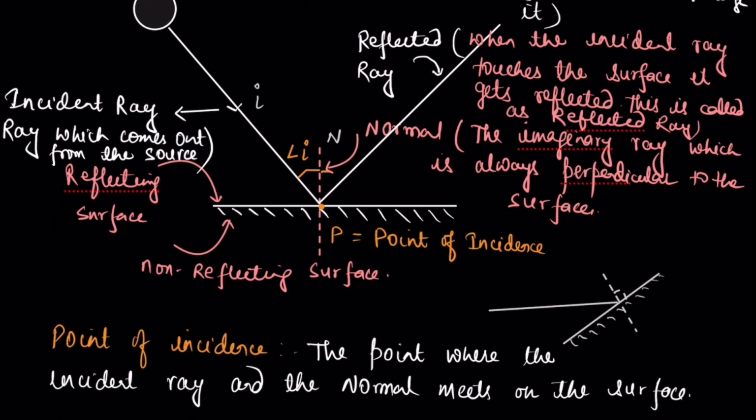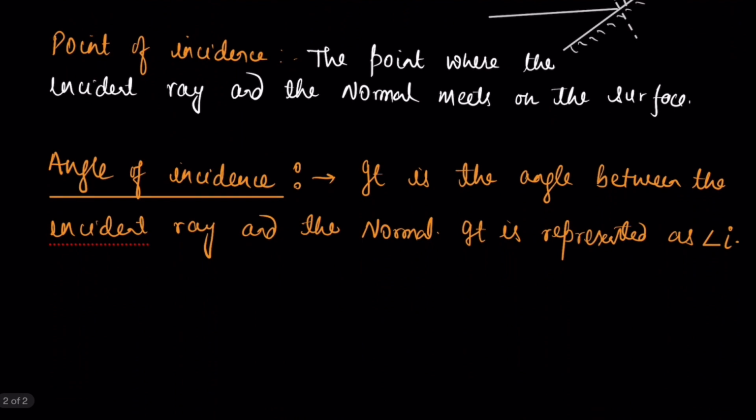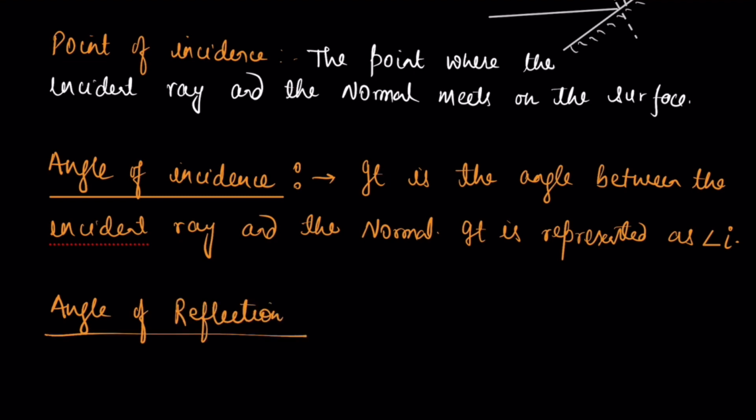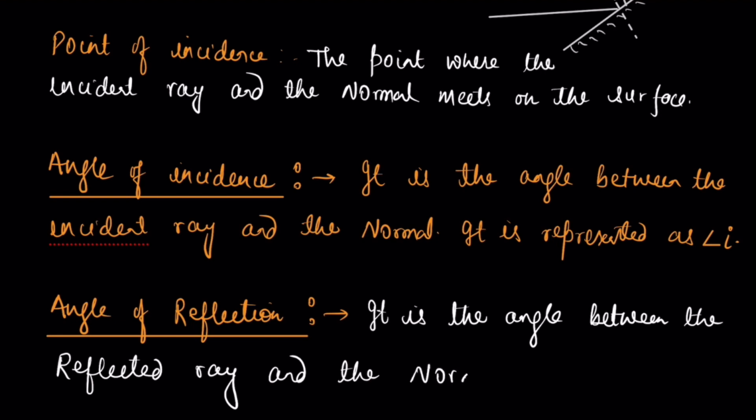Similarly, this is the angle R. So this angle R is called the angle of reflection. It is the angle between the reflected ray and the normal.